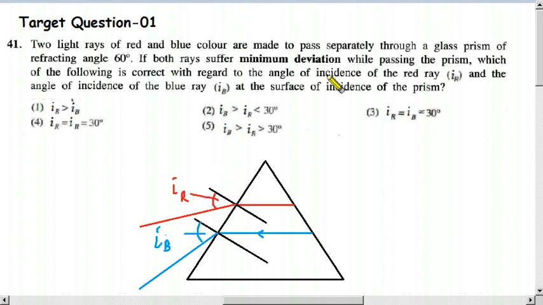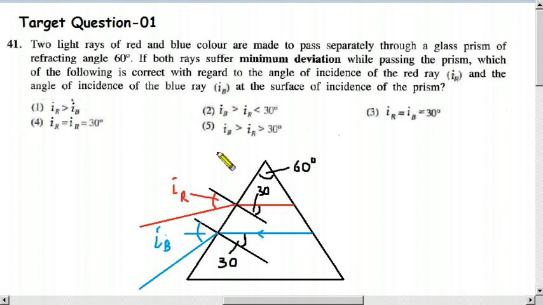So children, what is this angle? Still it is 30, because the angle of the prism didn't change, it is still 60. So this one also is 30, because minimum deviation is still the state. The angle in the prism is always 30, whatever the color.